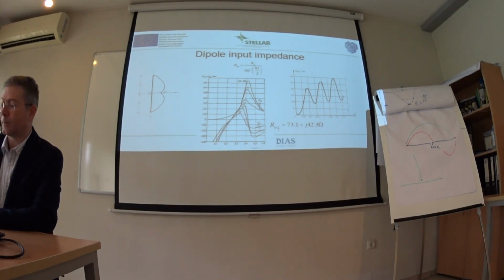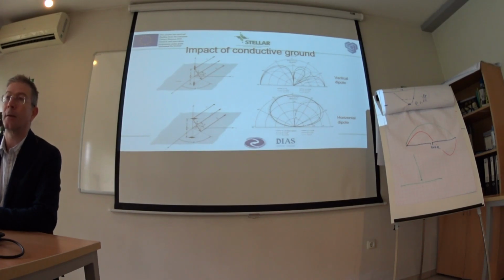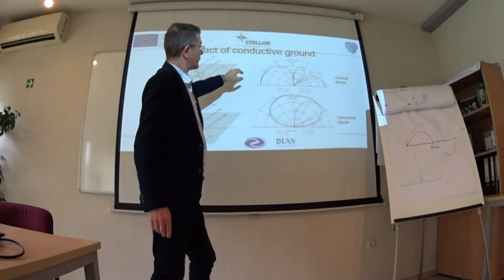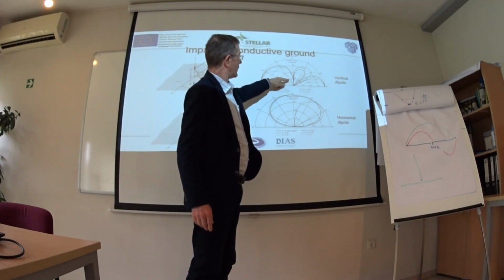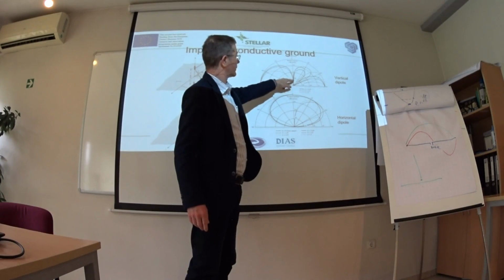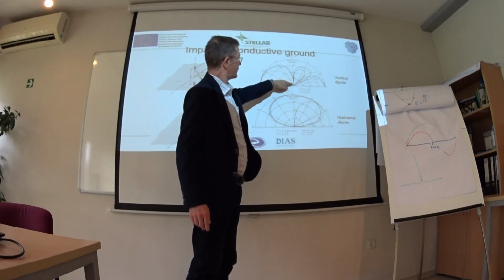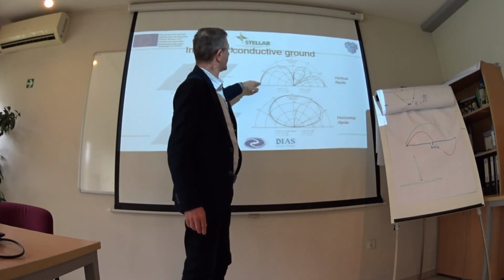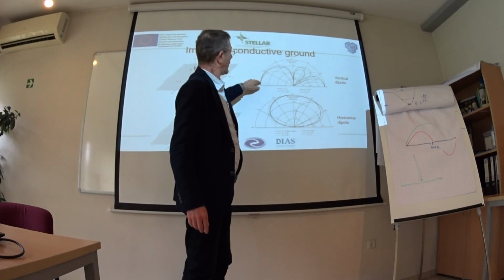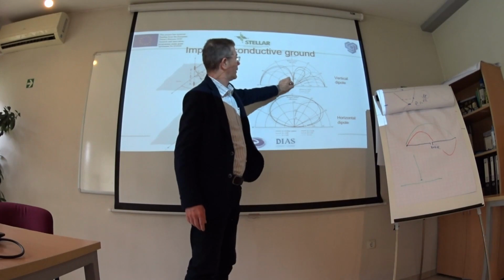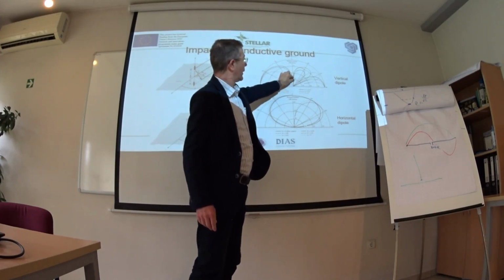And the final thoughts, how the ground impacts the antenna. This is how. If we have a vertical dipole over the ground surface with several antenna heights above the ground, here is one perfectly put around the ground and then elevated.